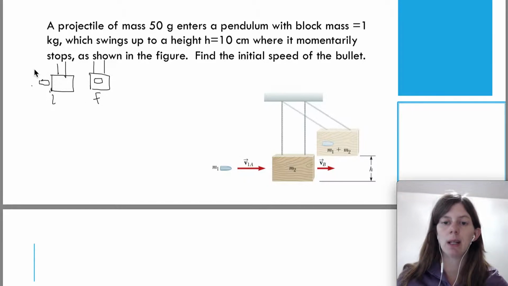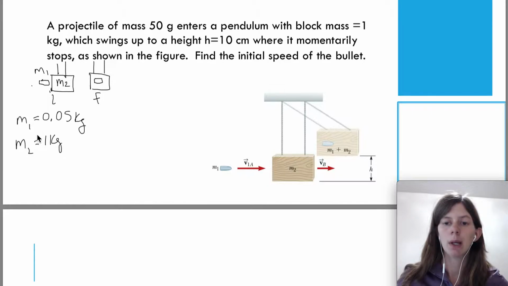So let's say that M1 is our bullet, and M2 is our block. So M1 has a mass of 50 grams, 0.05 kilograms. M2 is the block, which has a mass of 1 kilogram. And then we need to define three velocities because they stick together. So V1 initial, V2 initial, and V final.